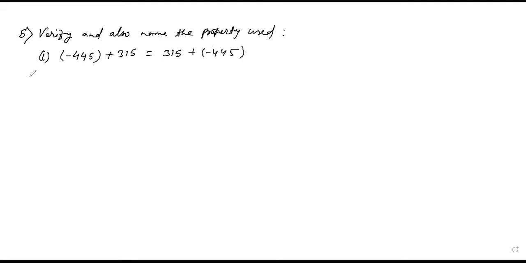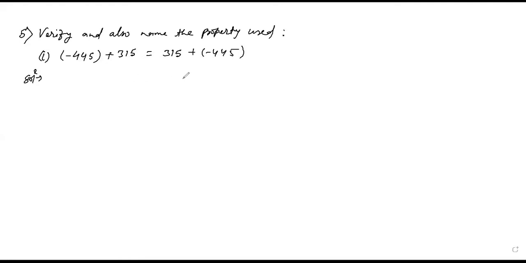See, here the question says verify and also name the property used. Verify means this sum is equal to this sum or not. Before the equal to sign, we solve the sum, and after the equal to sign we solve the sum.